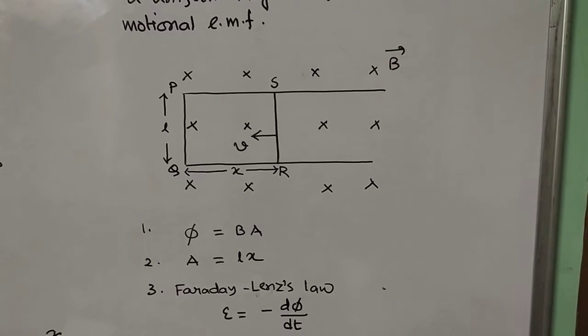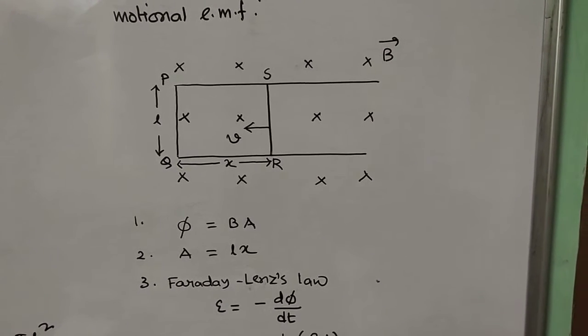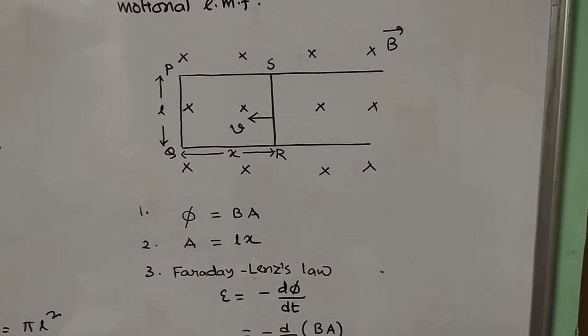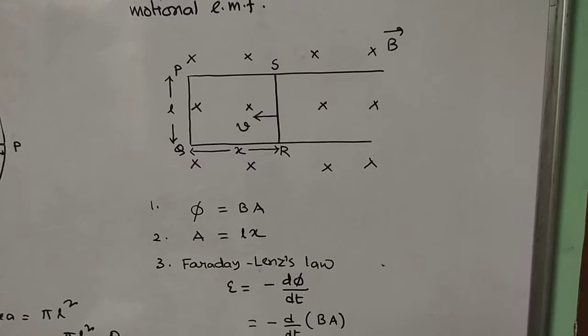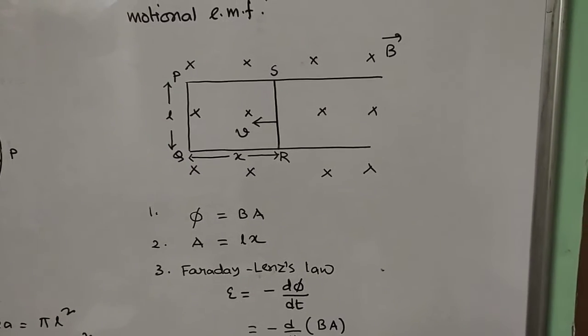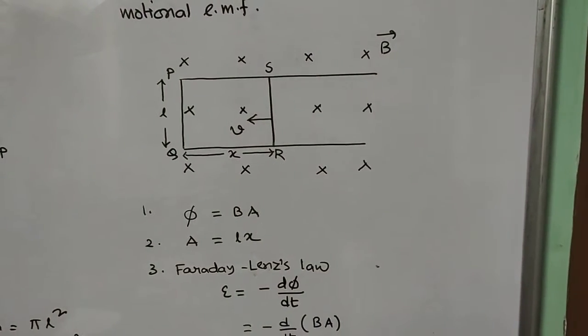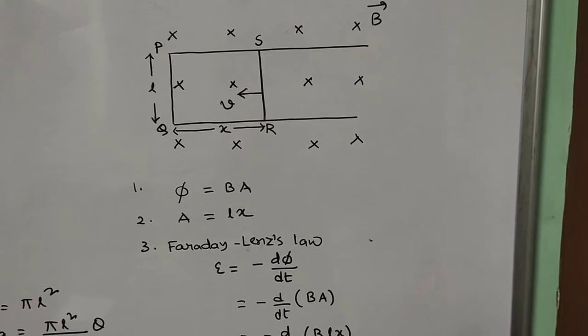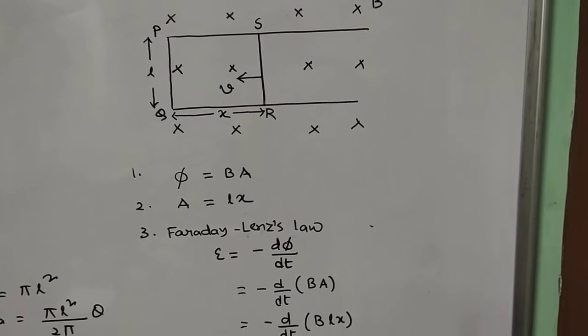From Faraday's and Lenz's law, E equal to minus d phi by dt. Faraday's law gives E equal to d phi by dt, and the negative sign comes from Lenz's law, because induced EMF opposes the change in flux. So E equal to minus d by dt of phi, and phi is BA.